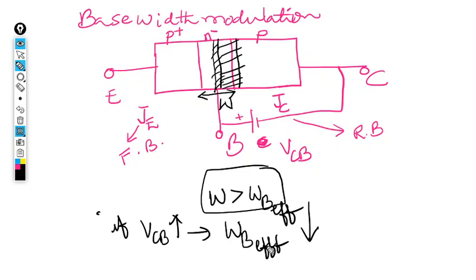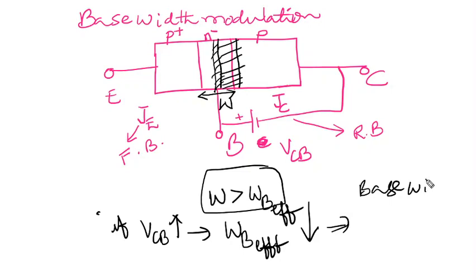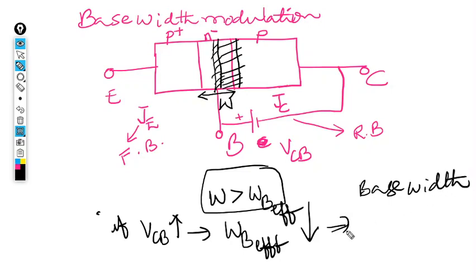That means the effective width of the base is changing with respect to the voltage. This is known as base width modulation. Means by changing the reverse bias voltage, we can change the width of the base. This phenomenon is known as base width modulation.